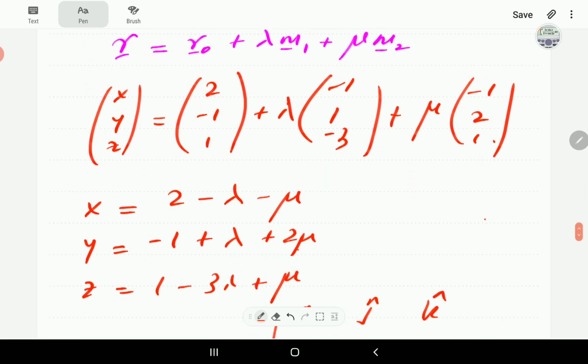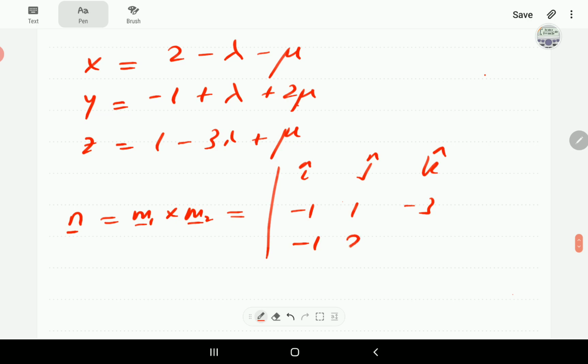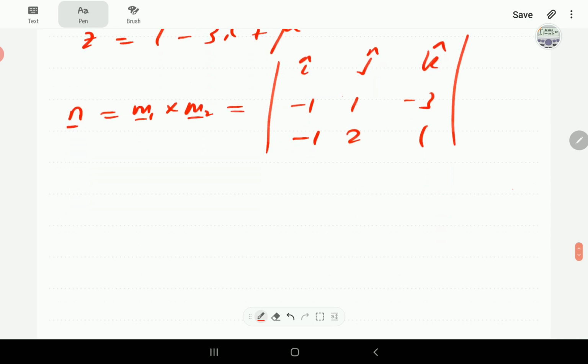Second one is minus 1, 2, 1. Okay, so let's see what we're going to get here. In the first instance, we have 1 plus 6, we've got 7. For the second one, we got 3 plus 1, which is 4. And for the last one, we got minus 2 plus 1, so it's going to give us minus 1. So that is our n.